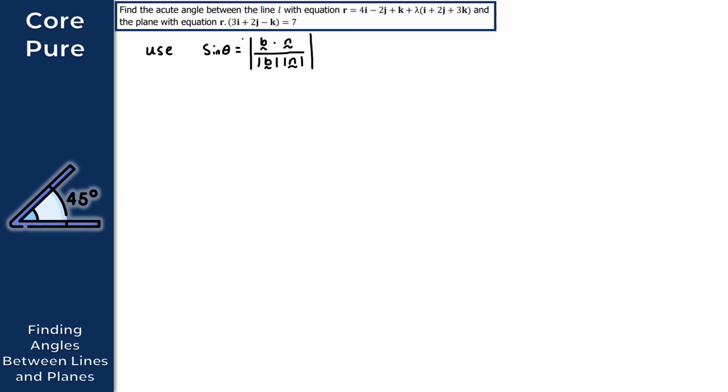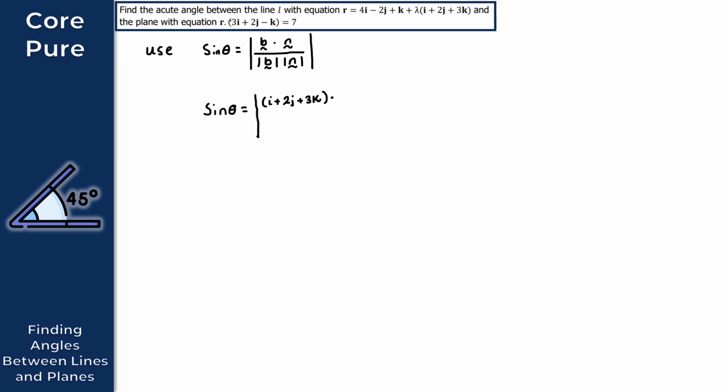So clearly, to find this angle between the line L and the plane, we're going to take the sine inverse of both sides once we evaluate this. So sine theta is equal to the modulus of b, my direction vector, which is i plus 2j plus 3k, dotted with the normal to the plane.